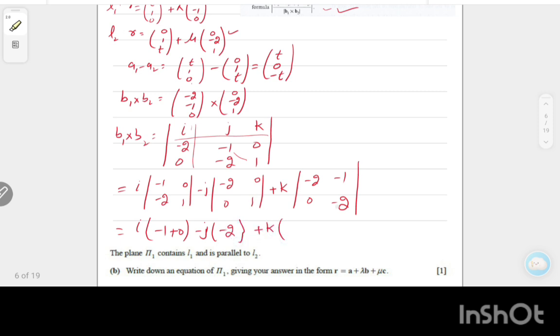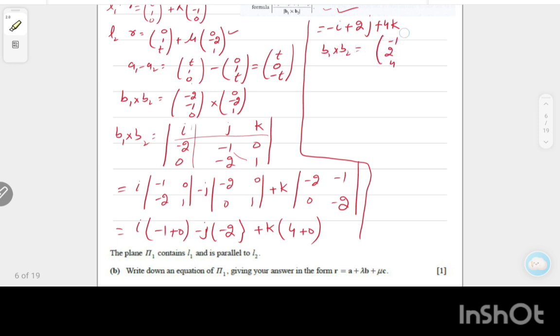Then k is minus 2 times minus 2, which is positive 4, minus 0. So b1 cross b2 is minus i, minus 2j, plus 4k. We can also write it in this form: minus 1, 2 and 4.